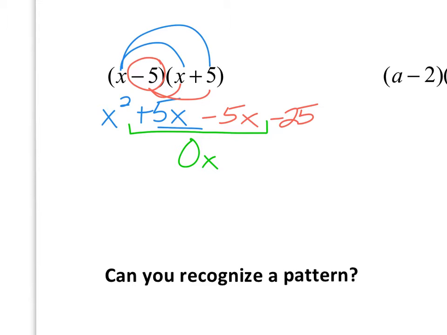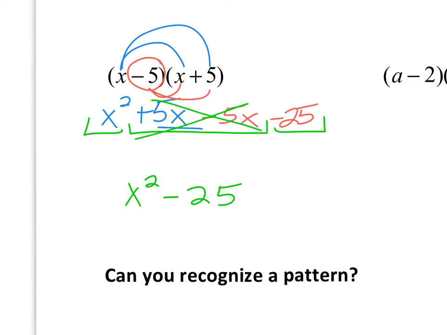But instead of writing 0x, we say that they cancel each other out, and they are gone. In other words, 5x and negative 5x added to be 0. The only things you're left with are this x squared out in front, so we bring that down, and this negative 25 at the end, so we bring that down as well. And so for your final answer, you're left with just x squared minus 25.